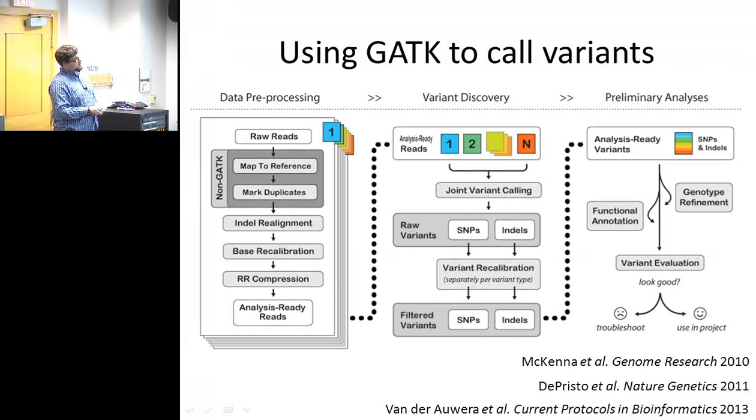In the end, you're either left with a sad face, a bad set of variants that you probably have to troubleshoot, or a smiley face set of variants that you might be able to use in your project. This workflow also represents GATK's best practices for variant calling. That's where I stole my title from.